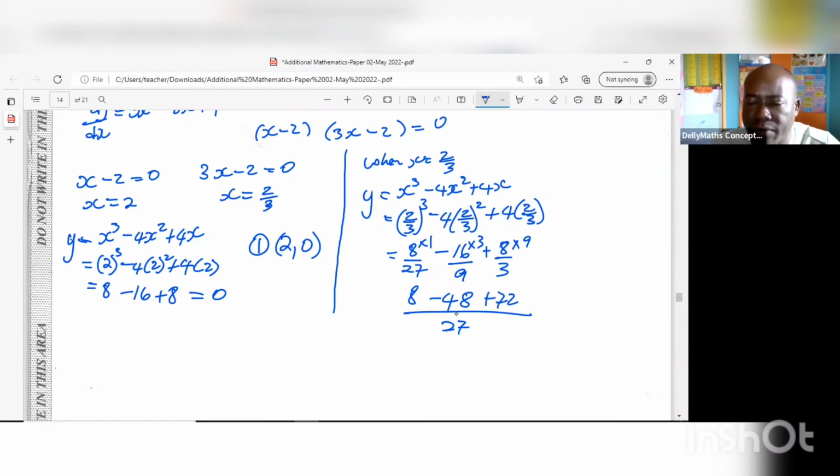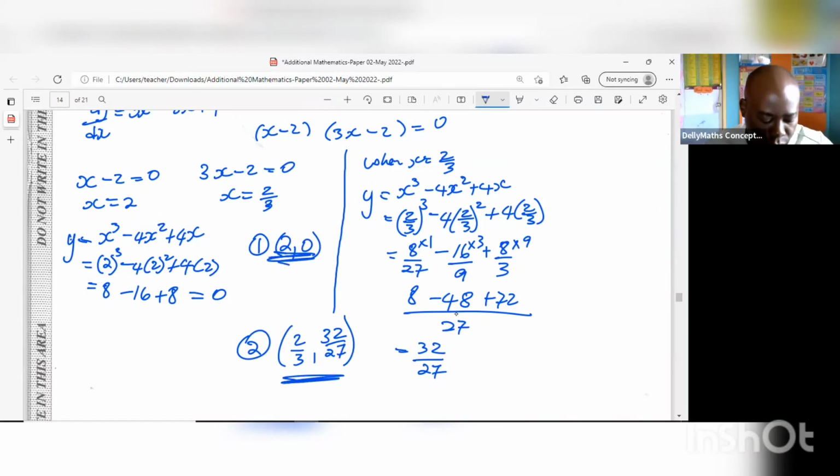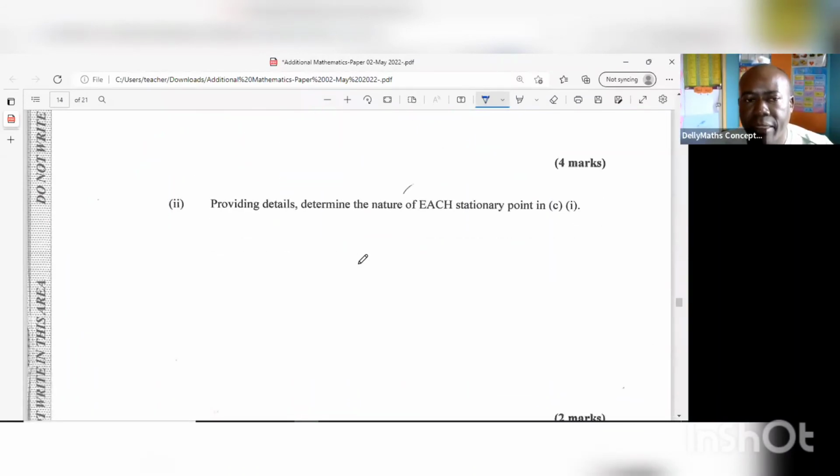So 8 minus 48 plus 72 will give me 32 over 27. So this means that my second stationary point is (2/3, 32/27). There we go. Our stationary point 1, stationary point 2. Right? So we would have collected those 4 marks right there for that.